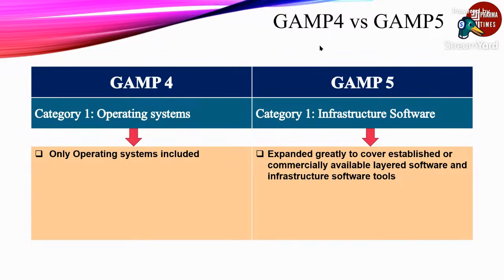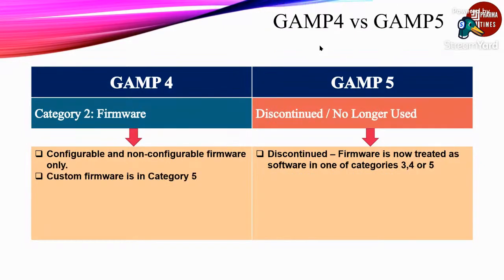Moving to the next slide, category 2 of GAMP 4: in GAMP 5 there is no category 2. Category 2 was configurable and non-configurable firmware. Firmware means software designed and developed for a particular firm or company.